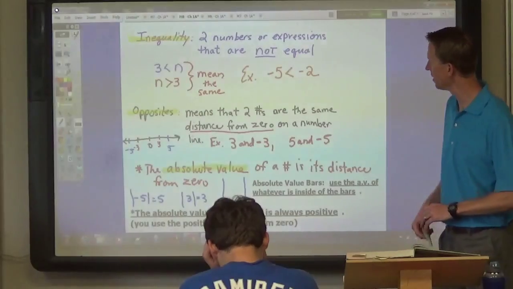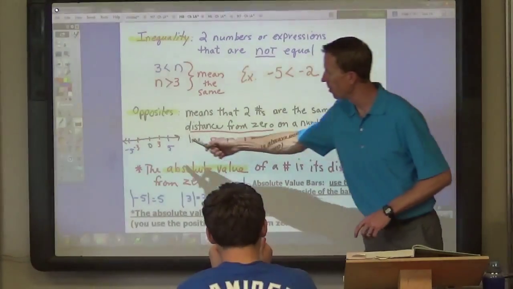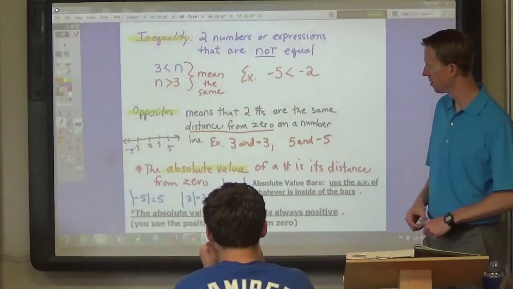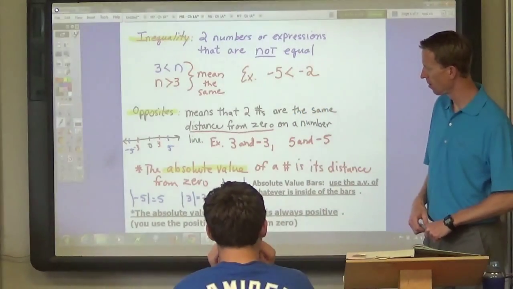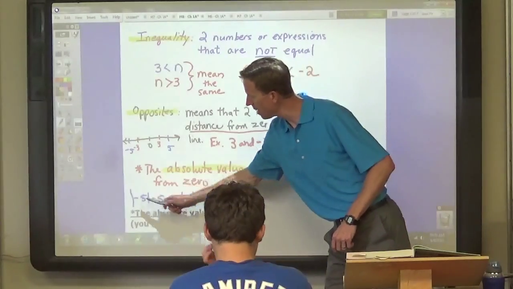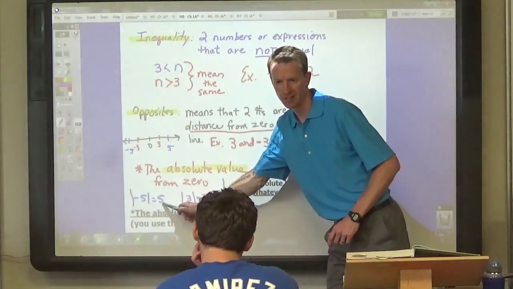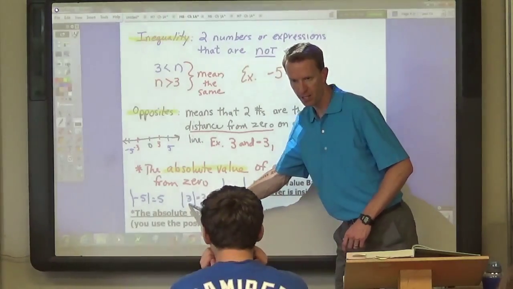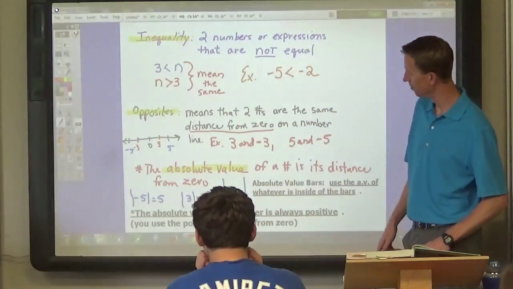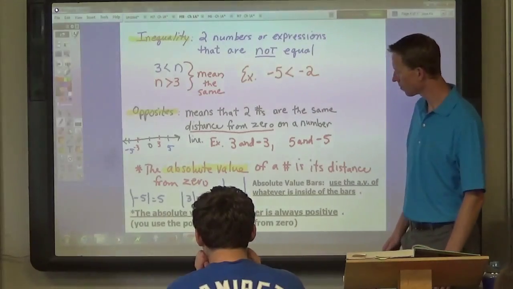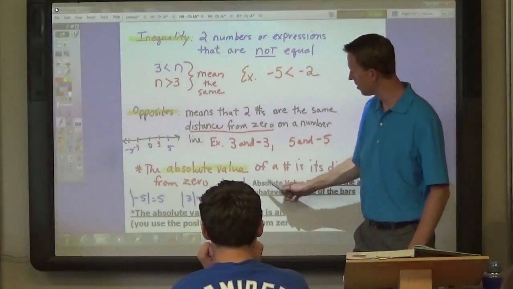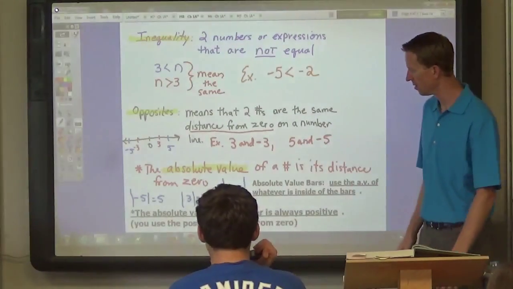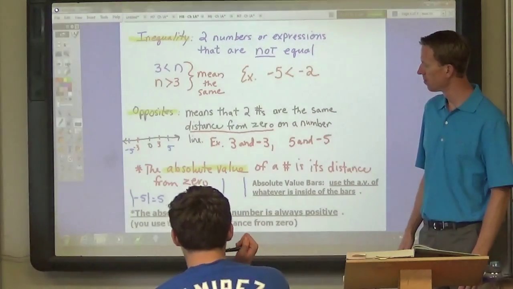The number of spaces that an integer is from 0. Okay? The absolute value of -5 is 5 spaces from 0. 3 is 3 spaces from 0. Okay? So, absolute value is always positive because it's a distance, it's a number of spaces.